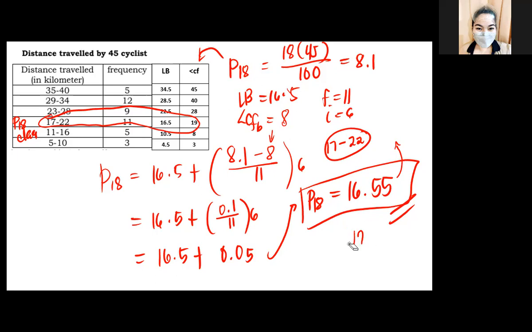And yung mga data natin, kaya siya merong lower boundary na 16.5 kasi mula 16.5, pwede mo na siya i-consider na kasama sa 17 to 22. Kaya nga siya tinawag na lower boundary. Ibig sabihin, hanggang doon, yung i-consider natin na part ni 17 to 22. Malinaw? Kaya si 16.55 still is included sa 17 to 22.